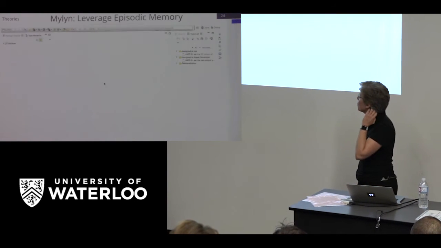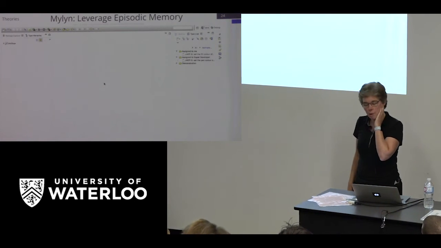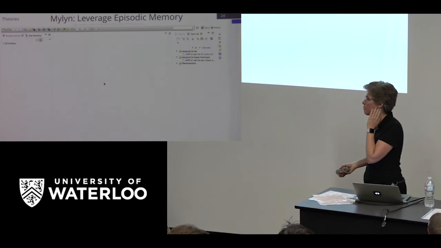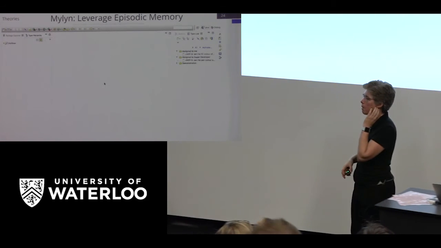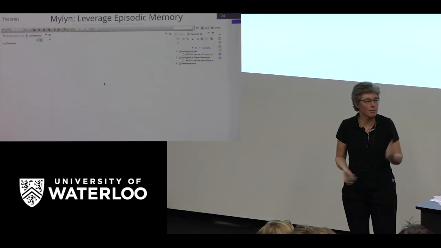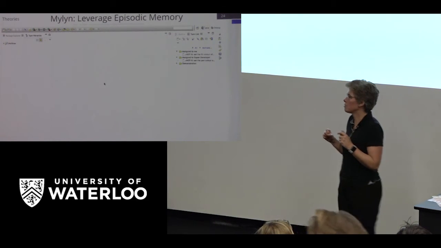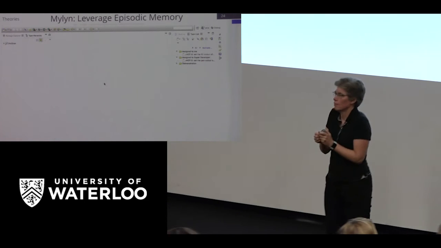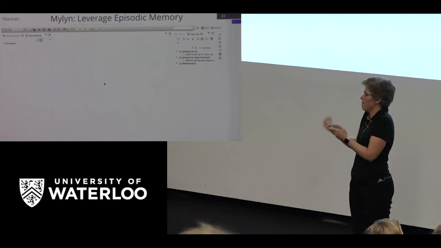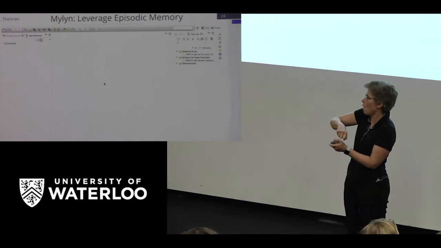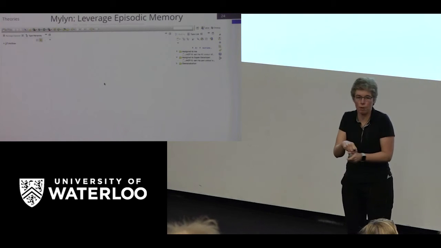So the idea that we really had behind Mylyn was that we wanted to leverage episodic memory as well as semantic memory. The idea that psychologists have of episodic memory is that it's our ability to associate elements of information with an event that helps us recall the information that we care about.